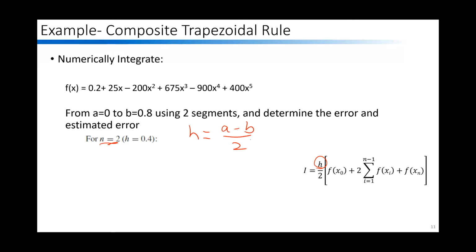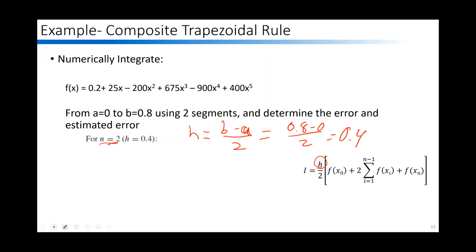Because I have 2 segments. So I should have 0.8 minus 0 over 2 is 0.4. This gives me my h.